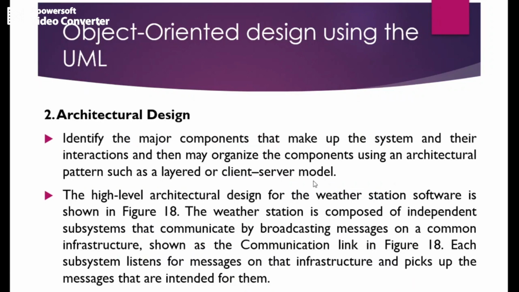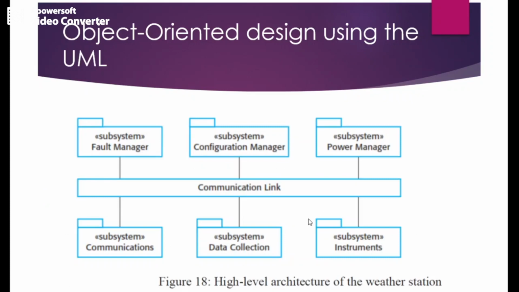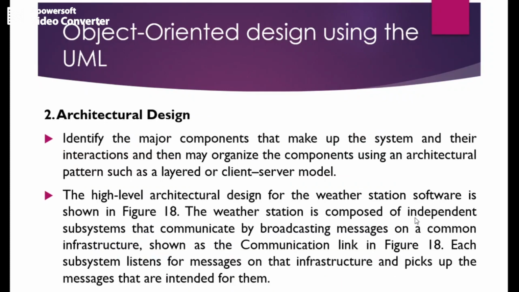Each subsystem listens for messages on that infrastructure and picks up the messages that are intended for it. So here you can see in the diagram, there are different subsystems which make up your weather station.